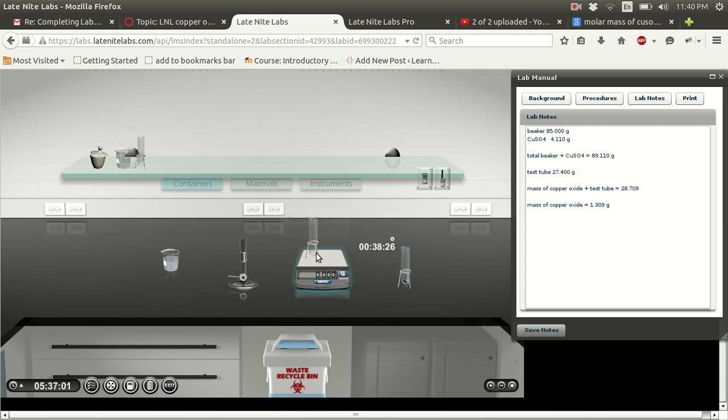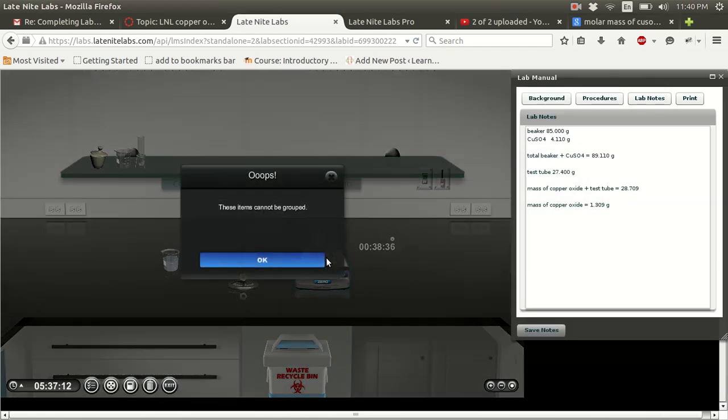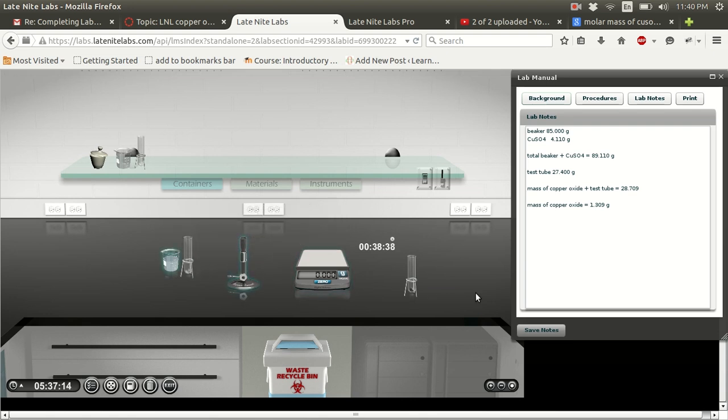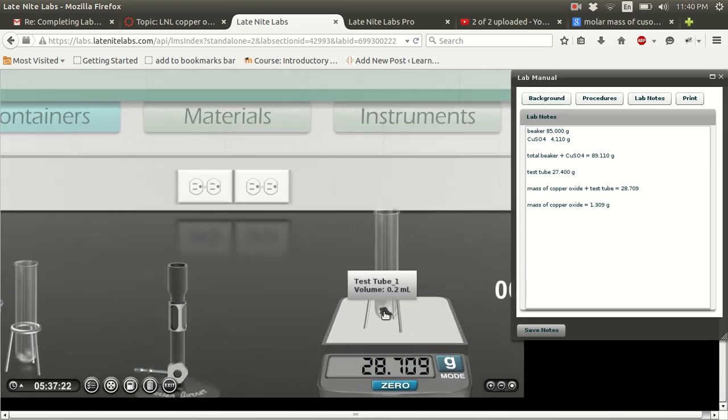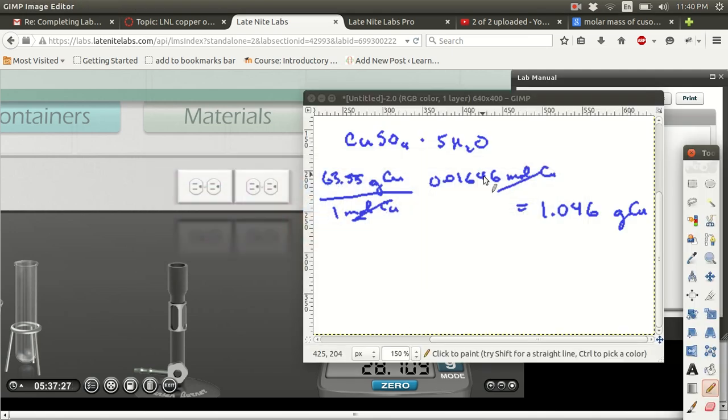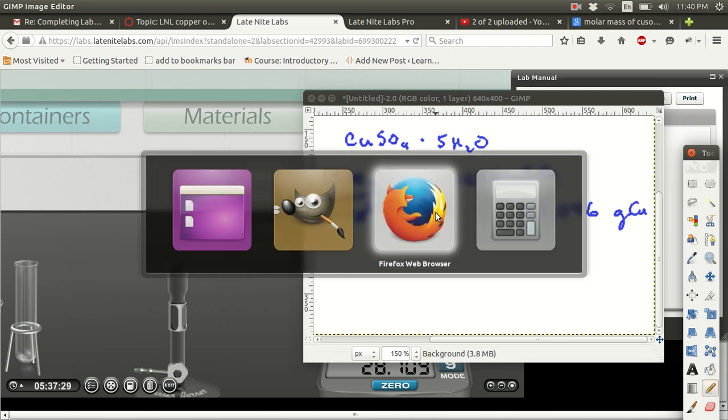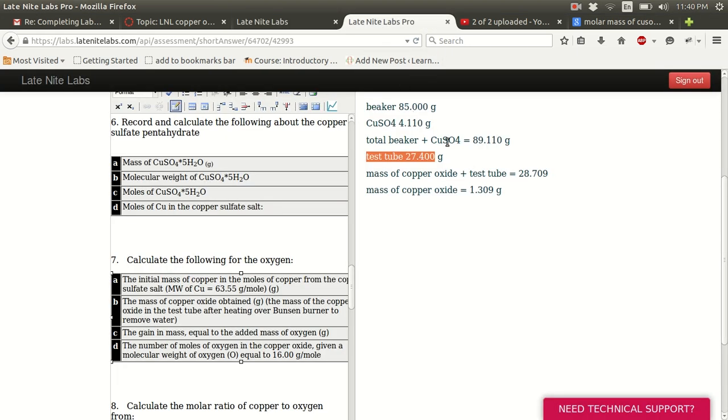So the mass of this one minus the mass of this one. When you do the subtraction, the answer that you're going to get is just the mass of this black stuff alone, which is copper oxide, which is what I want. So, there it is. Yes, that's 1.309 grams. Who cares? The next problem cares.